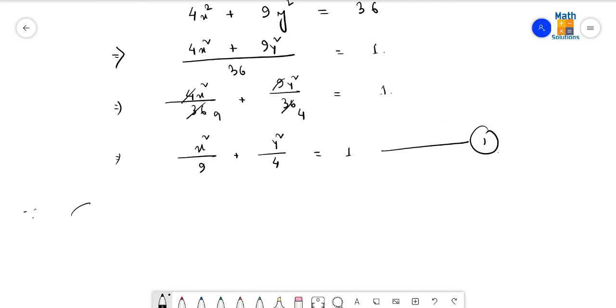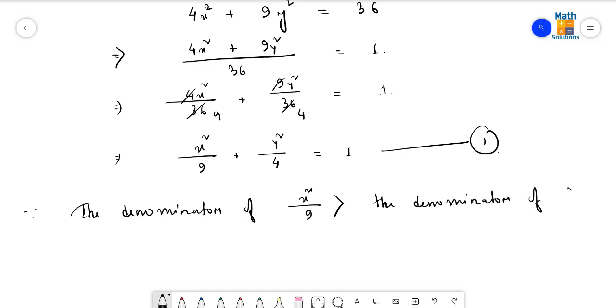Since the denominator of x square by 9 is greater than the denominator of y square by 4, therefore the major axis is along the x-axis.